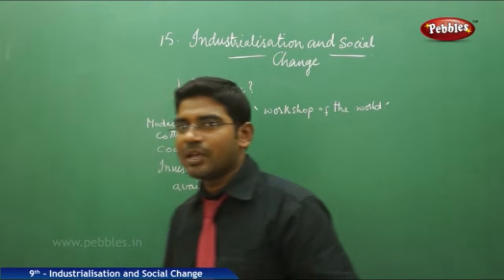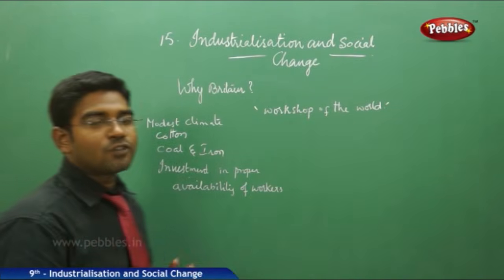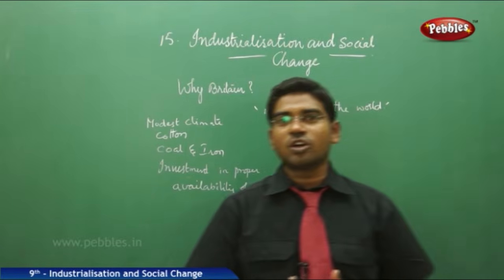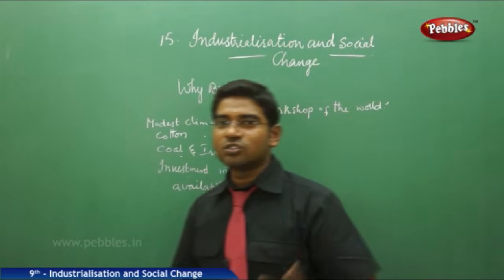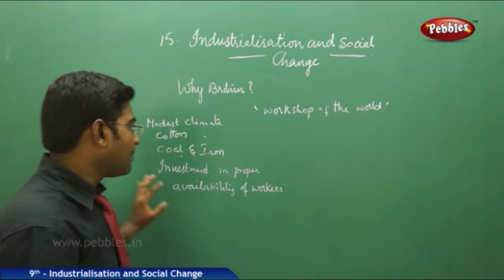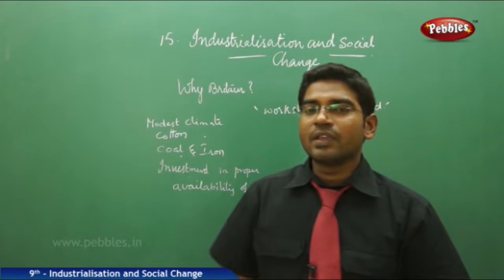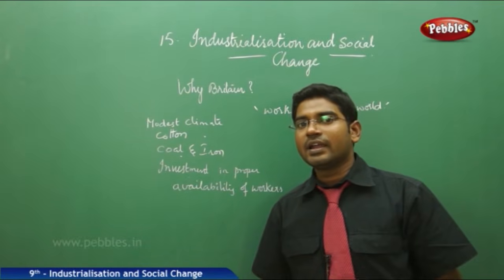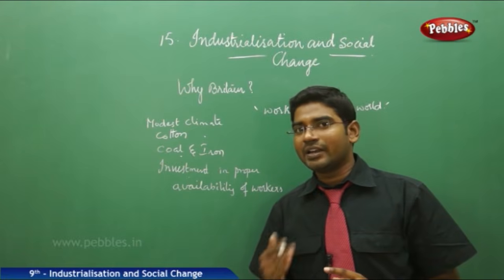So we have cheap labor, and good climatic conditions that suit the cotton crop. Then we need coal and iron, which are also available, and we have people ready to invest in that and people ready to work on it. So this made England, or Great Britain, industrially well developed and well connected.